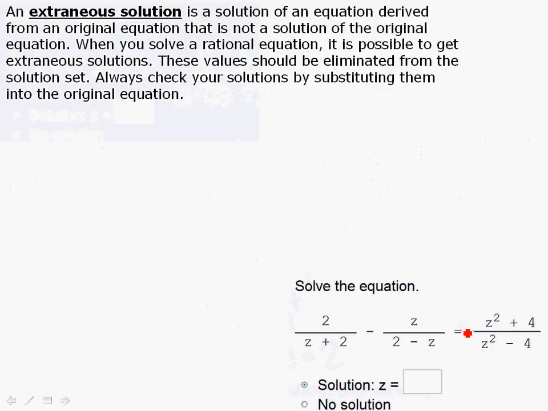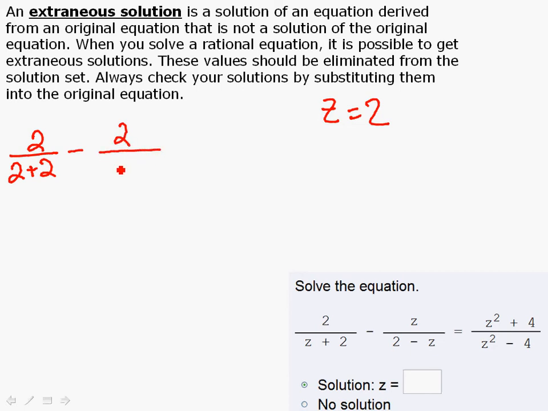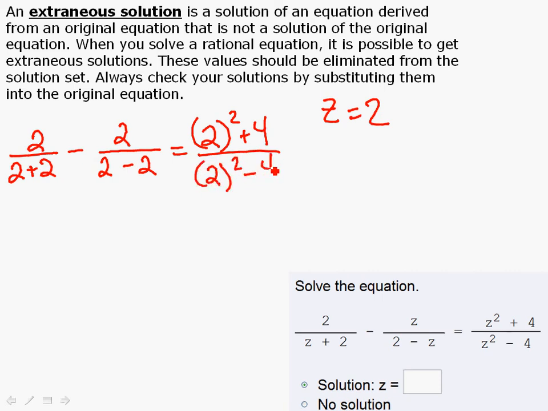So I got that z equals 2, but I want to make sure that it's actually going to work in my setup here. So I'm going to plug in 2 over 2 plus 2, minus 2 over 2 minus 2 equals 2 squared plus 4 over 2 squared minus 4.